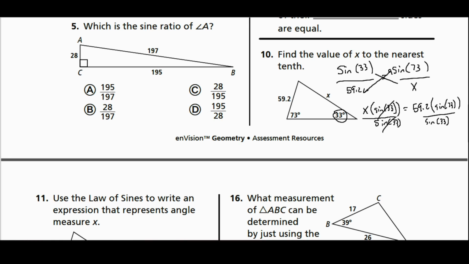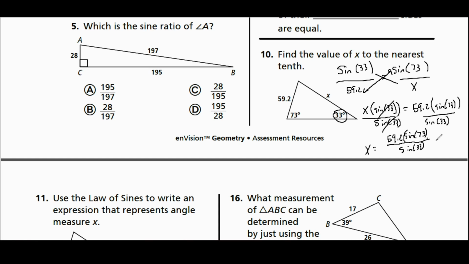And these will obviously cancel, leaving me with x is equal to 59.2 times the sine of 73, over the sine of 33. I need to thicken this pen so I can see a little better.